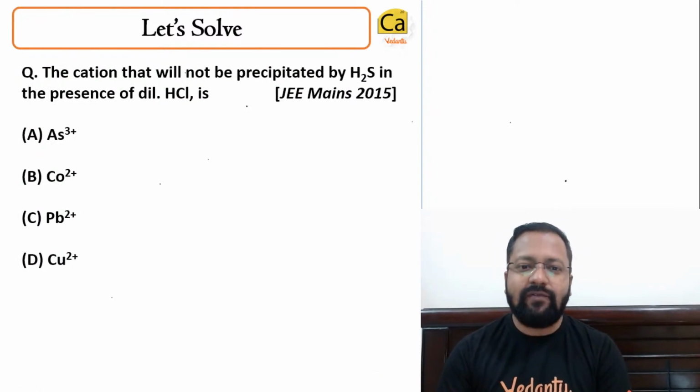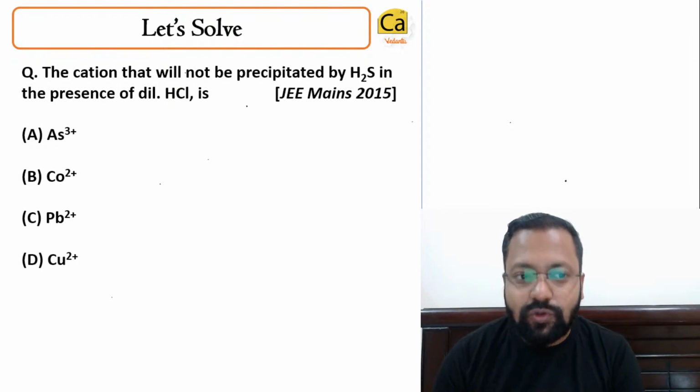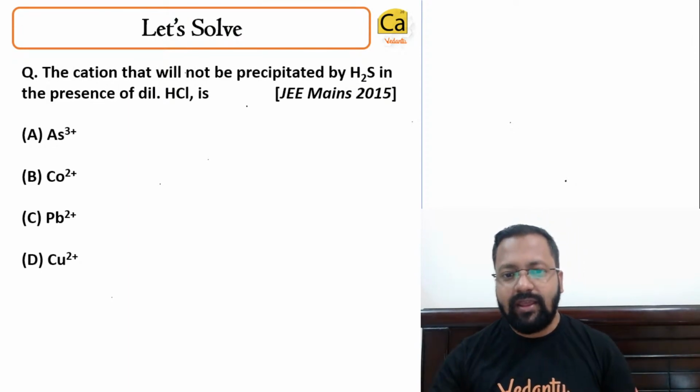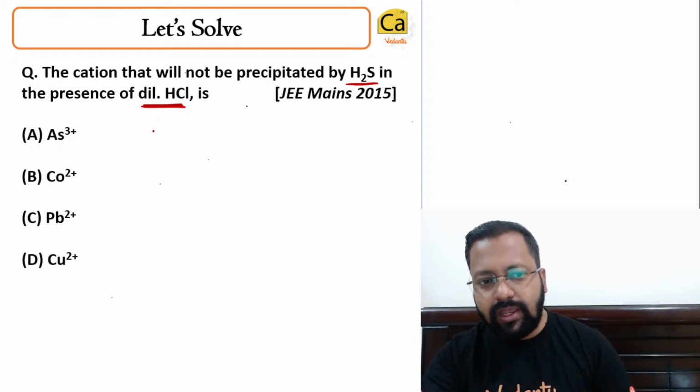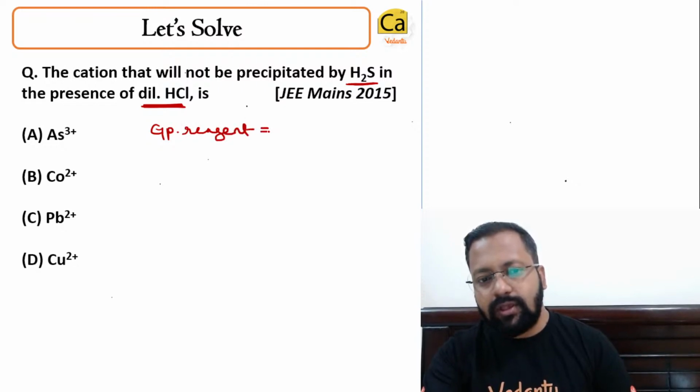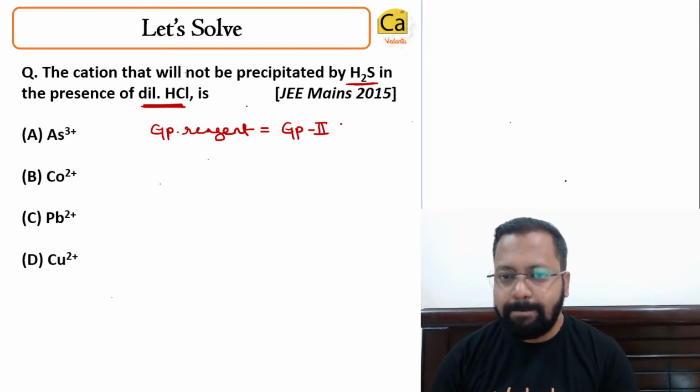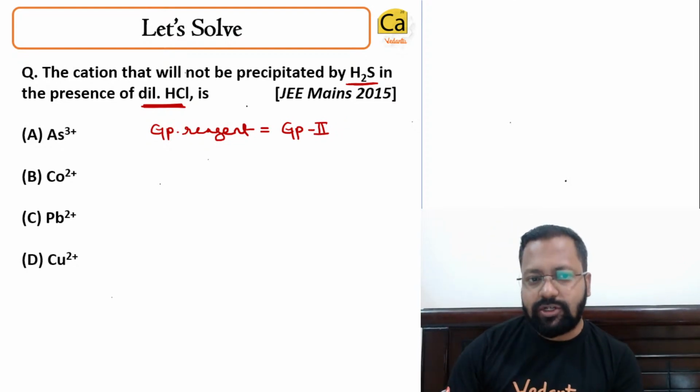The cation that will not be precipitated by H2S in presence of dilute HCl. This is a group reagent of group 2.